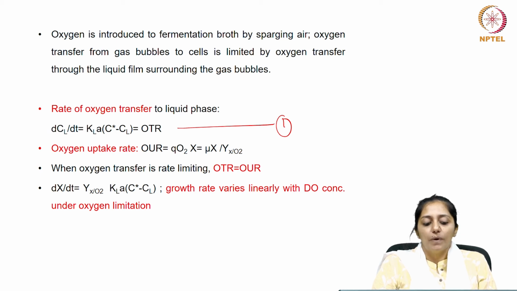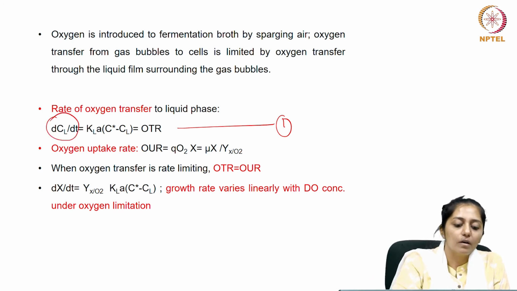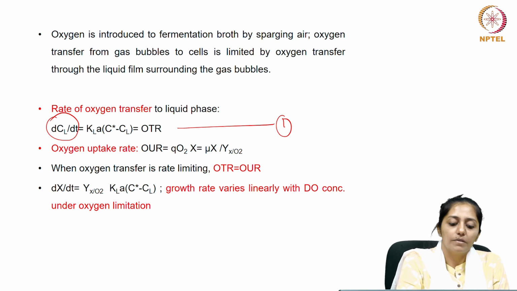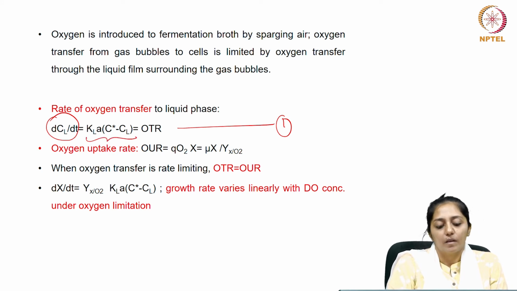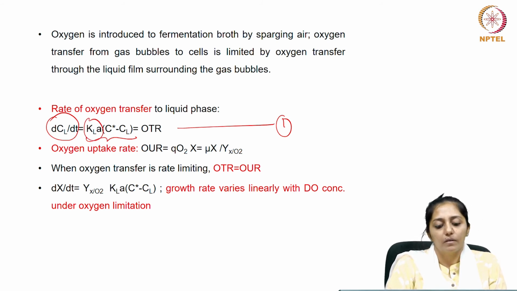So equation 1 given on the slide demonstrates the rate at which the oxygen is getting transported through that liquid film. So dCL by dt is your rate of transfer of oxygen, which is given by KLa. This is called the volumetric mass transfer coefficient.